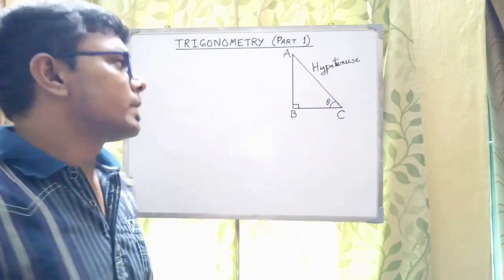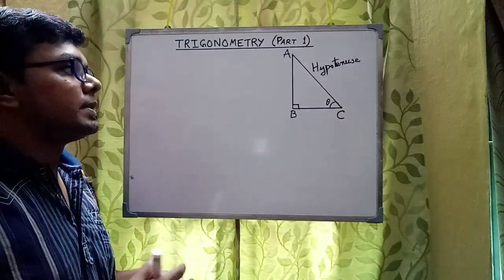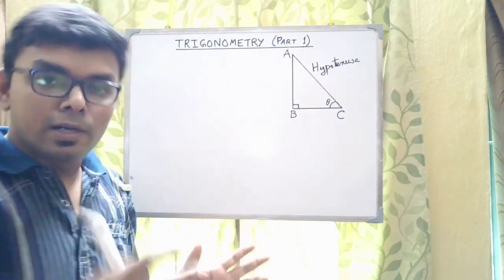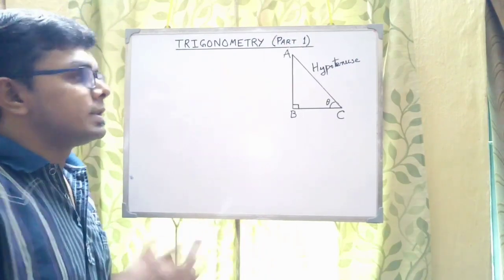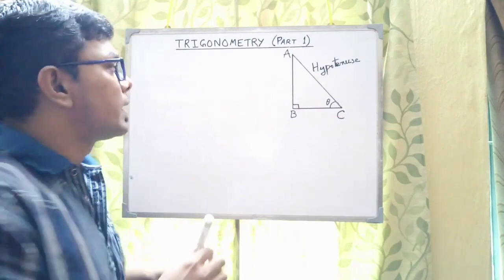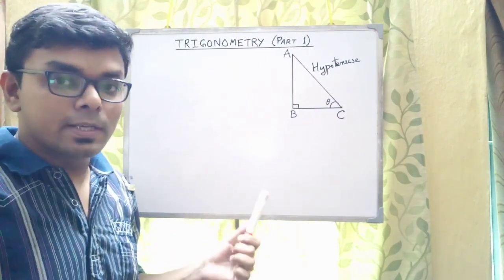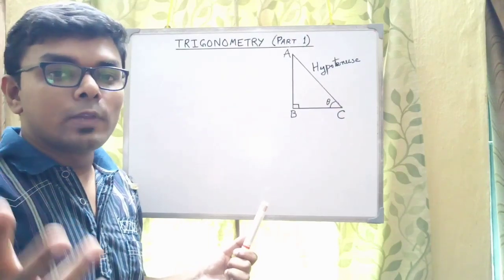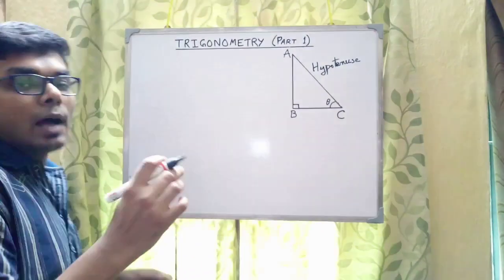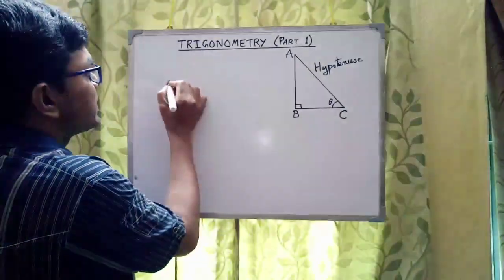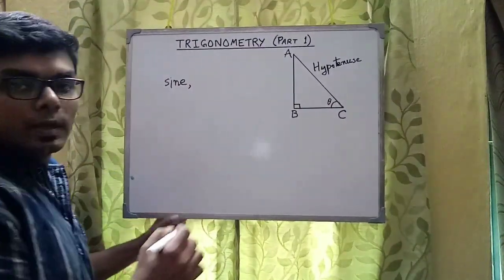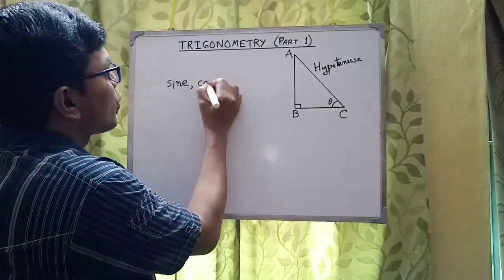To make things easier. Now there are certain ratios which are to be learnt in trigonometry. There are actually 6 ratios. So I'm going to write all the 6 ratios. And again, I've said it before also. If you feel that you want to take a screenshot of something, you can just pause the video and take. So I'm going to write about the 6 ratios. The first ratio is sine. Then we have cosine.